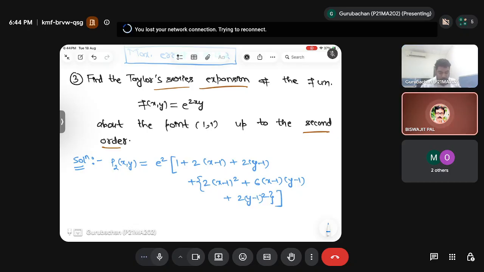Sir, what you have shown just some time back regarding Taylor's polynomial, Taylor's theorem, and Taylor's series, that is for a function of a single variable.